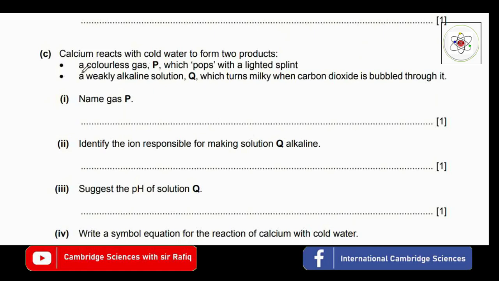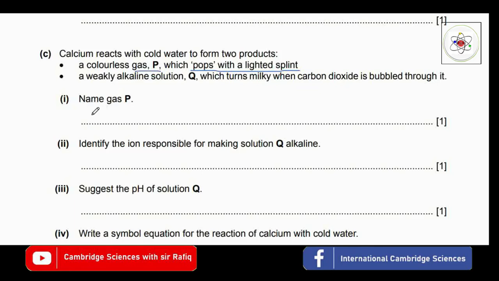Moving on, calcium part C. Calcium reacts with cold water to form 2 products. A colorless gas P, which pops with a lighted splint, and it's very clear that this is the test for hydrogen gas. So gas P must be hydrogen gas. The second bullet point is a weakly alkaline solution Q, which turns milky when carbon dioxide is bubbled through it.